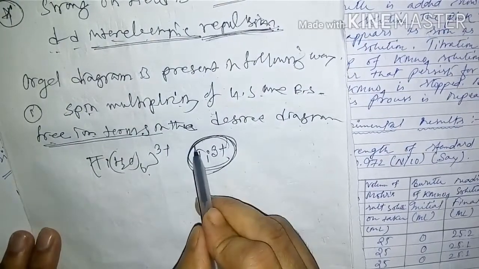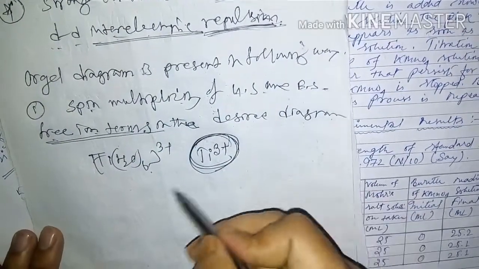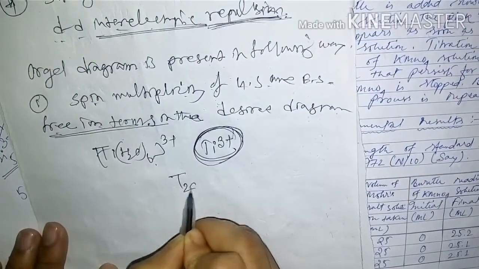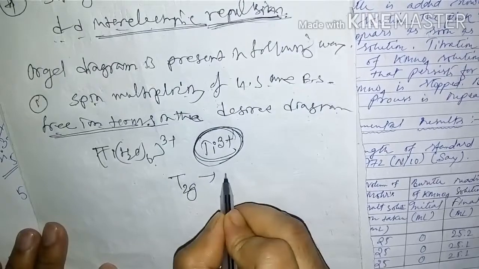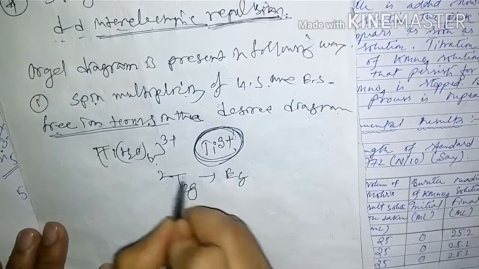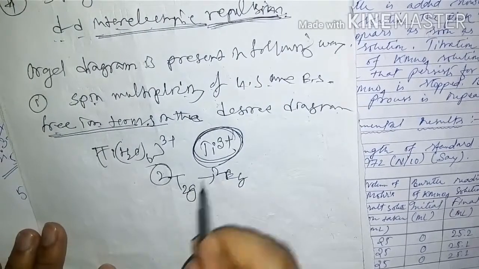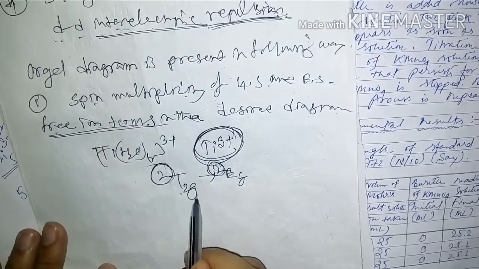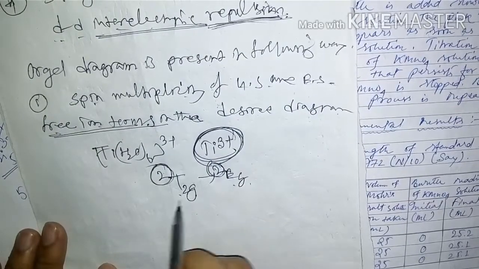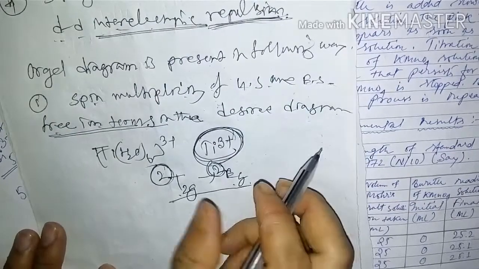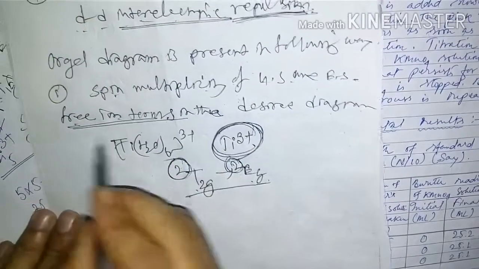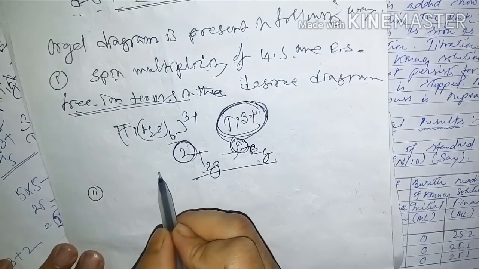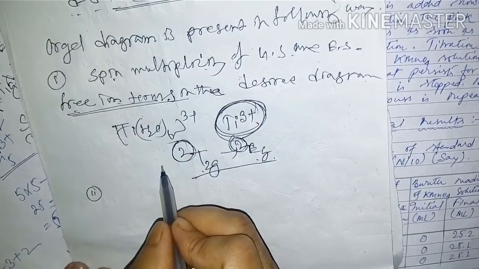Now this is the free ion. Now terms means, suppose this one is 2T2g, 2Eg, here 2, here 2. So this is the spin multiplicity, the 2 in 2T2g and 2Eg. Now the second point is write down the same multiplicity for the term.